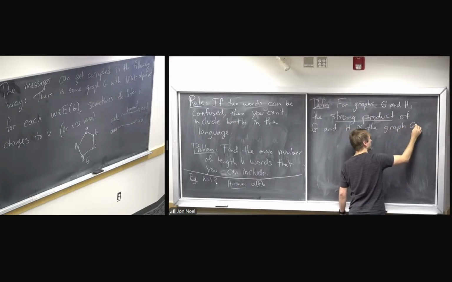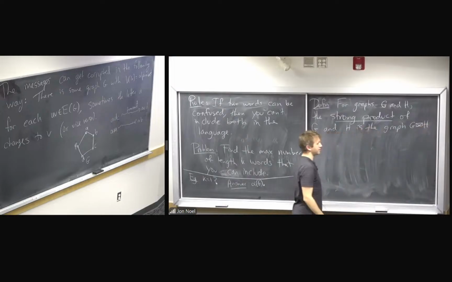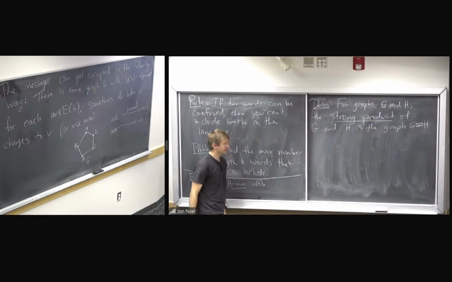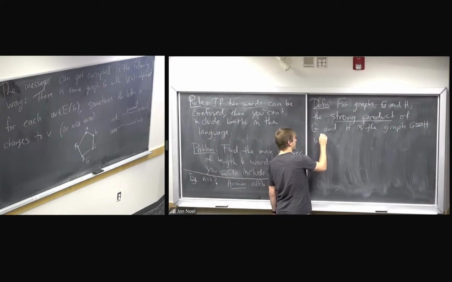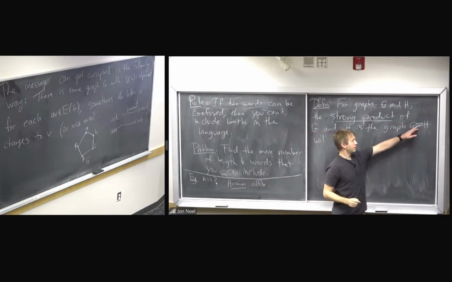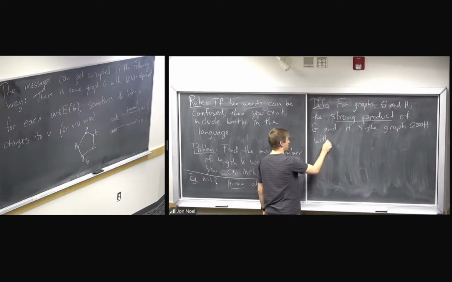The notation is G, with a square with a cross in it, and then H. If you draw a few examples, you can see why this is the notation. We'll do an example in a second, but let me just say what this thing is.